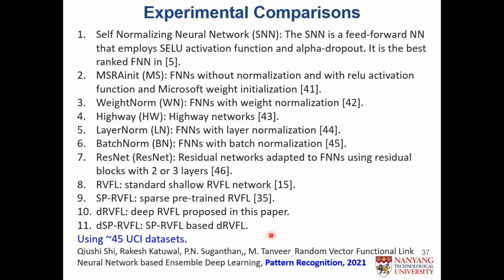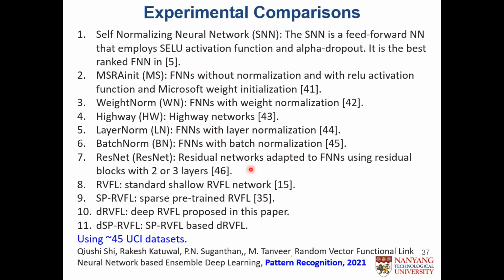In the pattern recognition paper, we included a large number of deep neural networks. As you can see, self-normalizing neural networks, ReLU activation without normalization, weight normalization, highway networks, layer normalization, batch normalization.